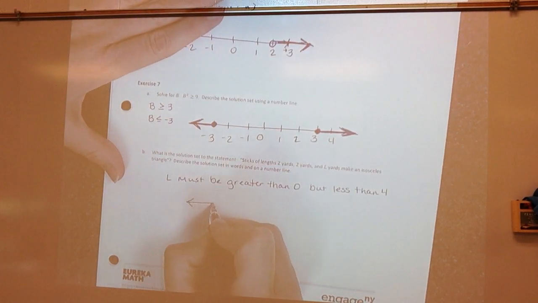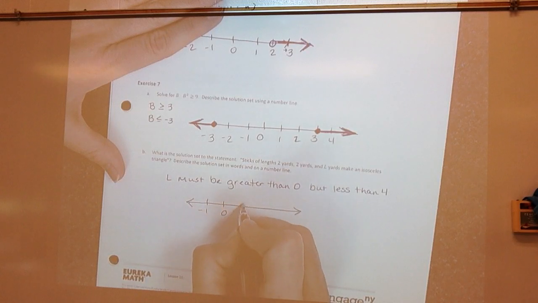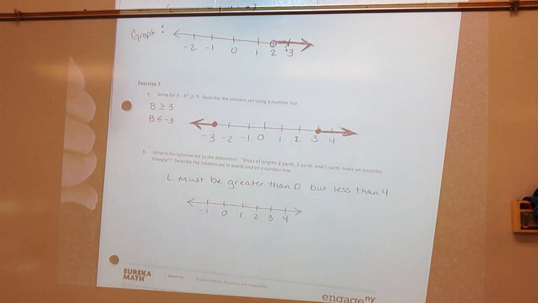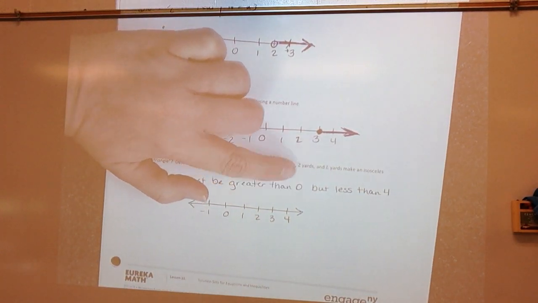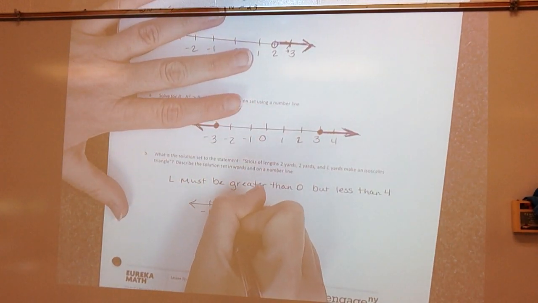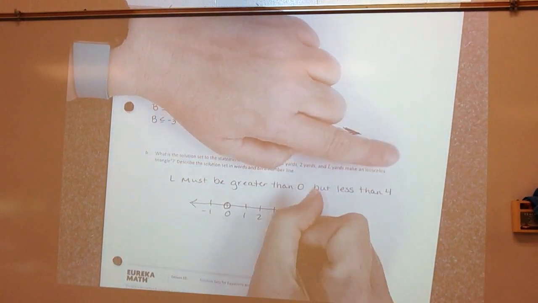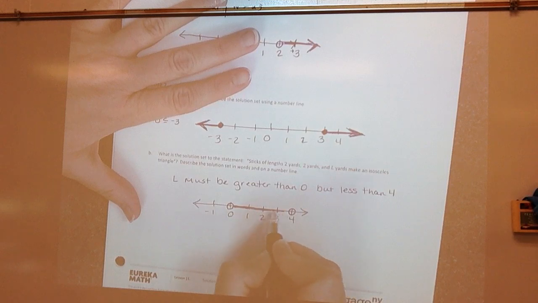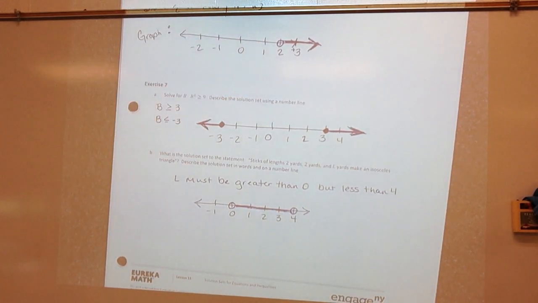All right, so I'm going to draw my number line. It has to be greater than 0. 0 is not included. It has to be less than 4. 4 cannot be included. So it can be anything in between 0 and 4.